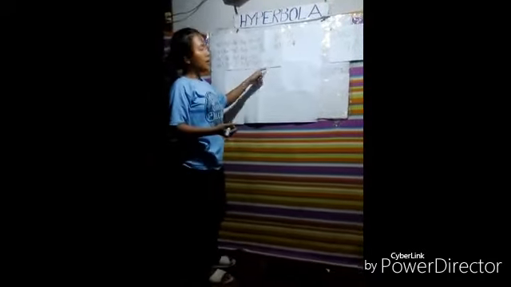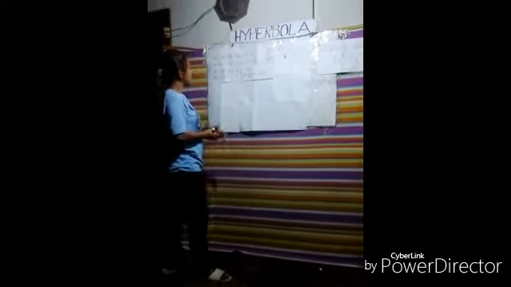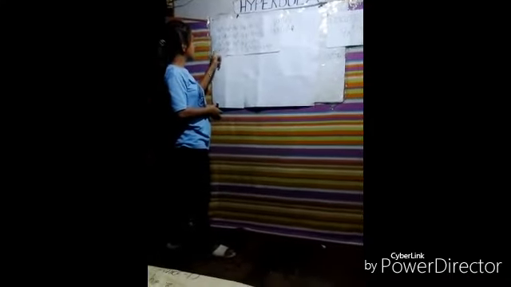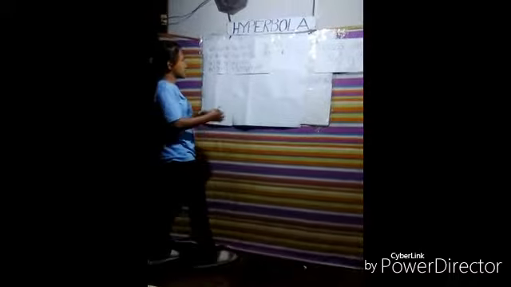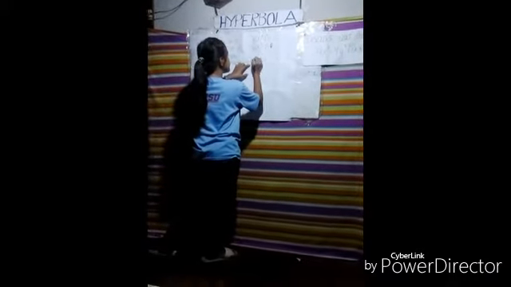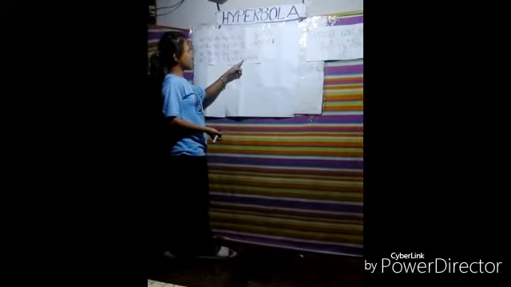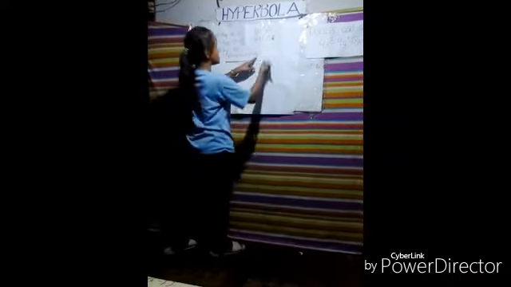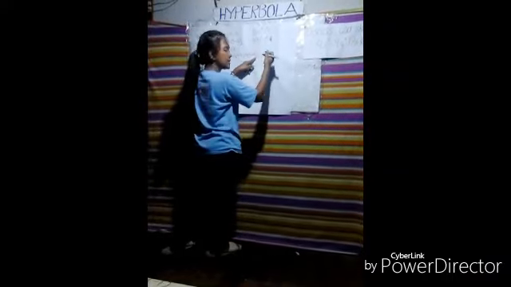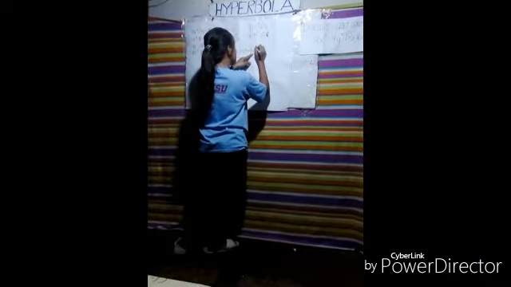So now we multiply: 9 times 1 is 9. Then negative 4 times positive 4 is negative 16.